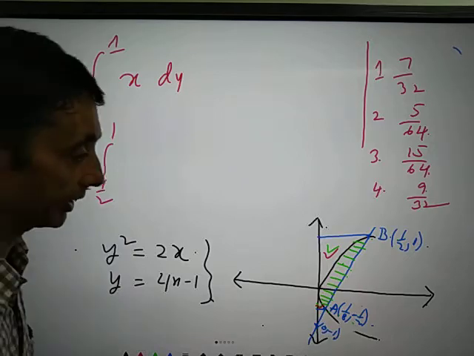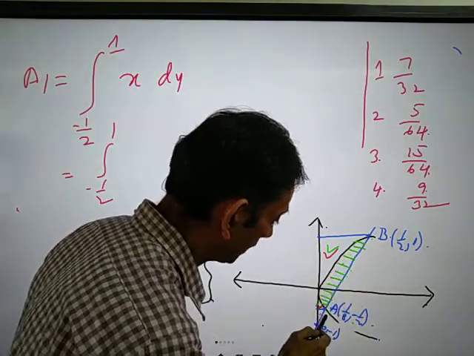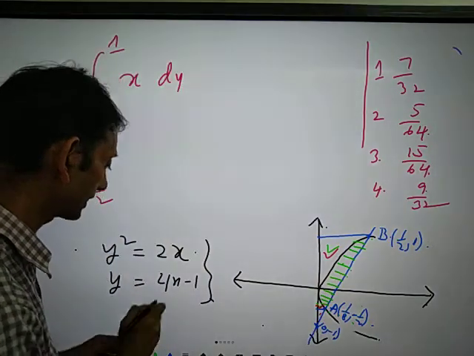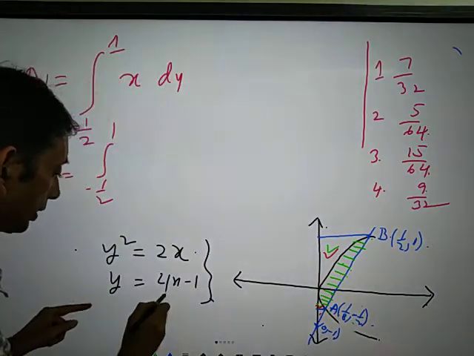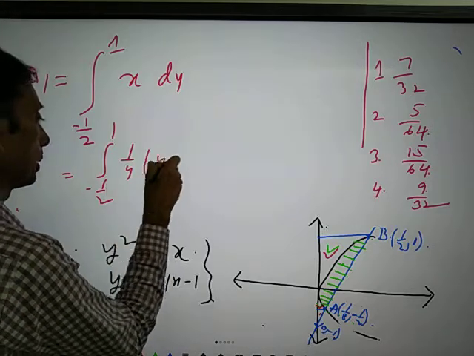Now from minus half to 1, we'll substitute the value of x from the line. What is the value of x? x is equal to y plus 1 by 4, that is 1 by 4 times y plus 1.